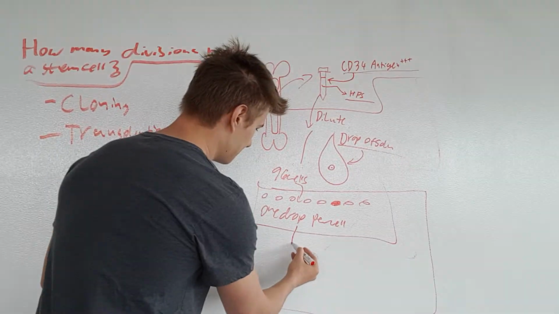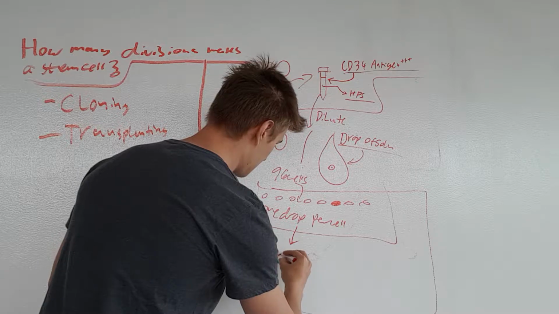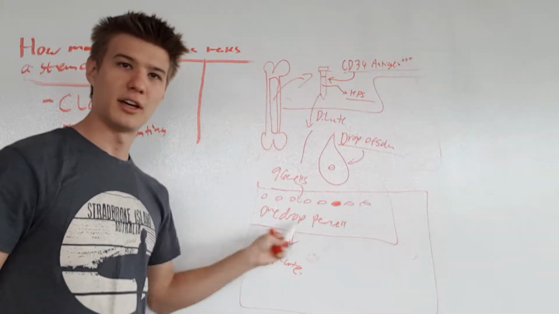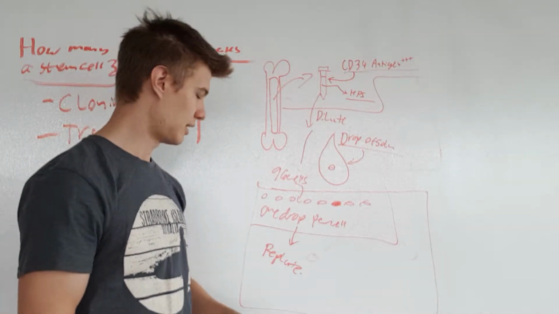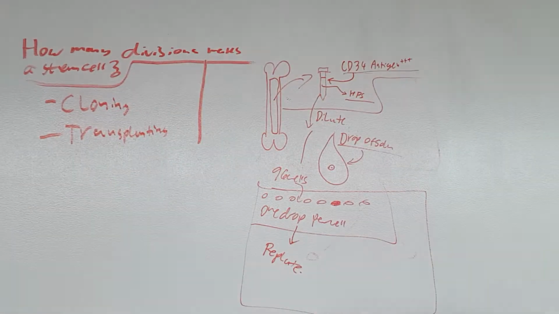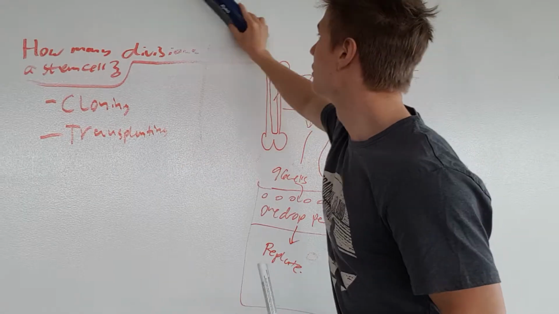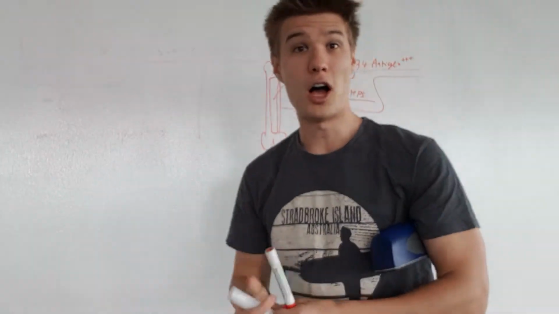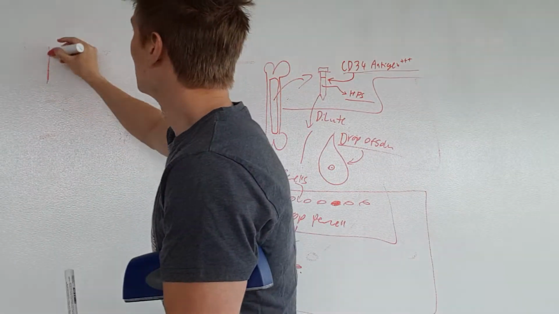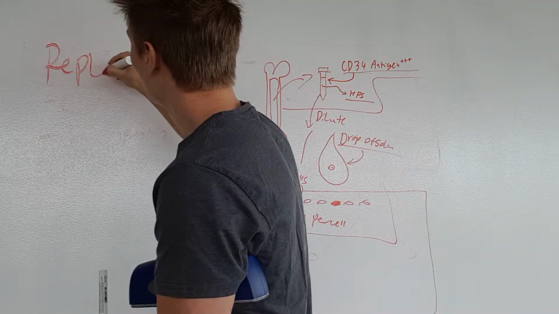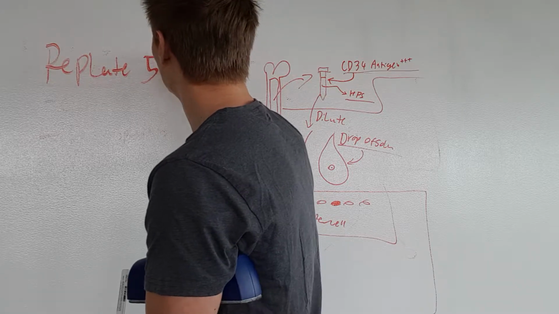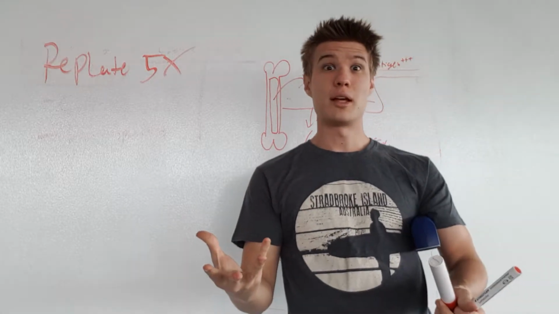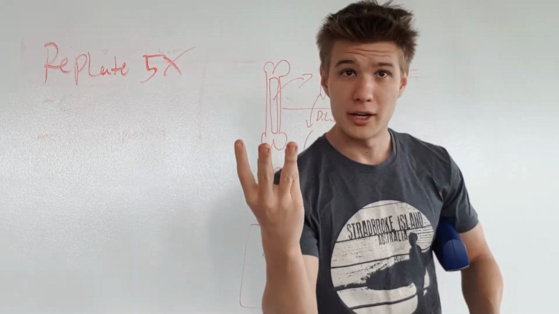We put that into another plate of 96 wells, and we replate 5 times. After we've replated 5 times, we know that those cells are dividing.